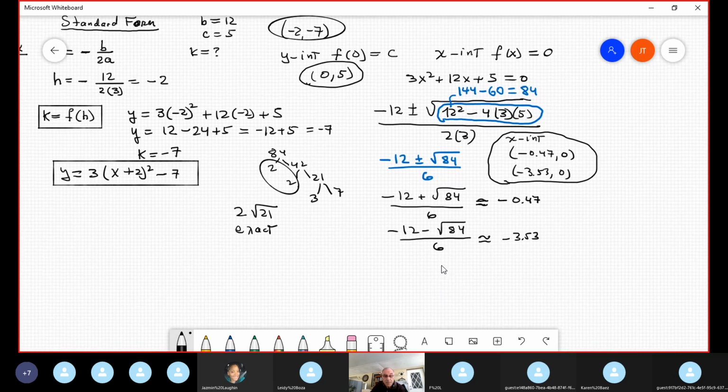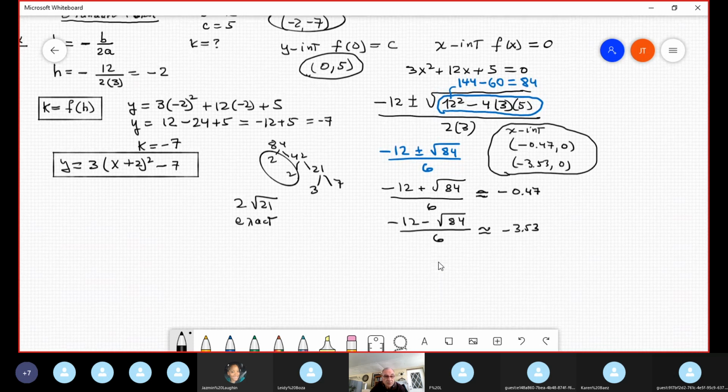Also, one more point. And in this example, the axis of symmetry is x equal h, and h is -2. So we have a vertical line at x equal -2.